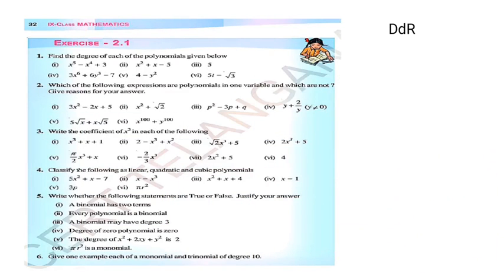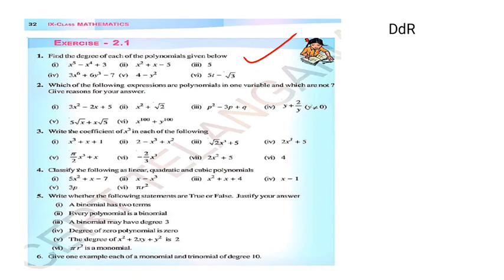Coming to exercise 2.1, first one, find the degree of each of the polynomials given below. So topic completed. Children, do all these problems yourself. Second bit, which of the following expressions are polynomials in one variable and which are not?